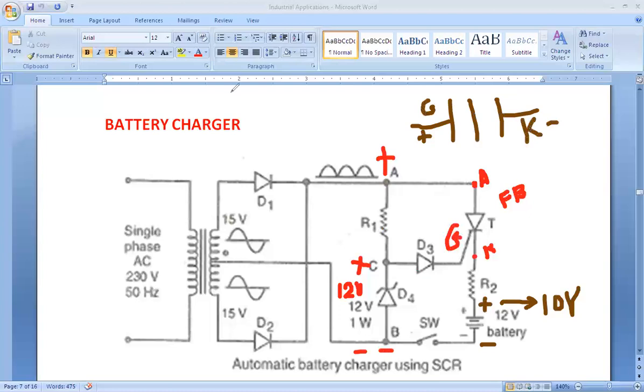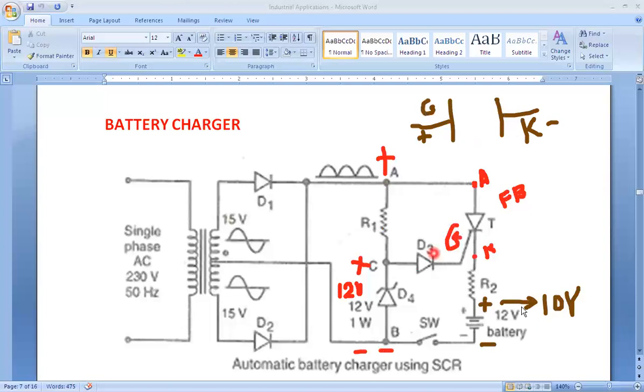So when the gate is more positive than the cathode, then this barrier will be removed. Or we can say that the gate terminal must be forward biased between gate and cathode terminal. So gate and cathode terminal behave like one diode only, right? To forward bias this gate and cathode terminal, this should be more positive than this one.